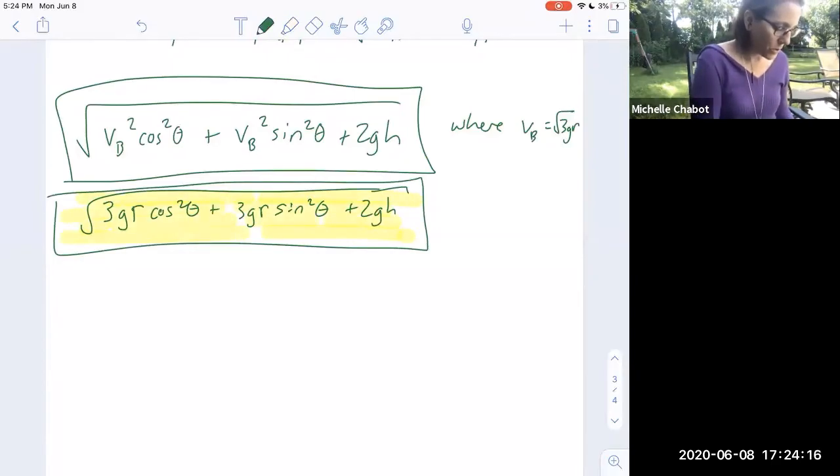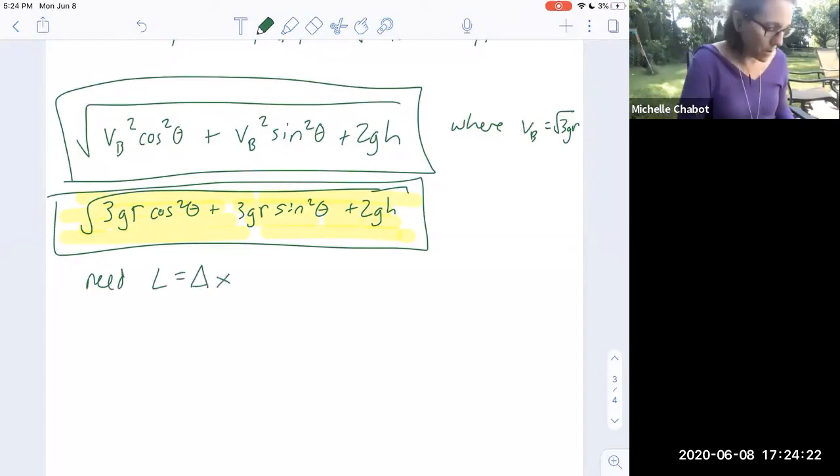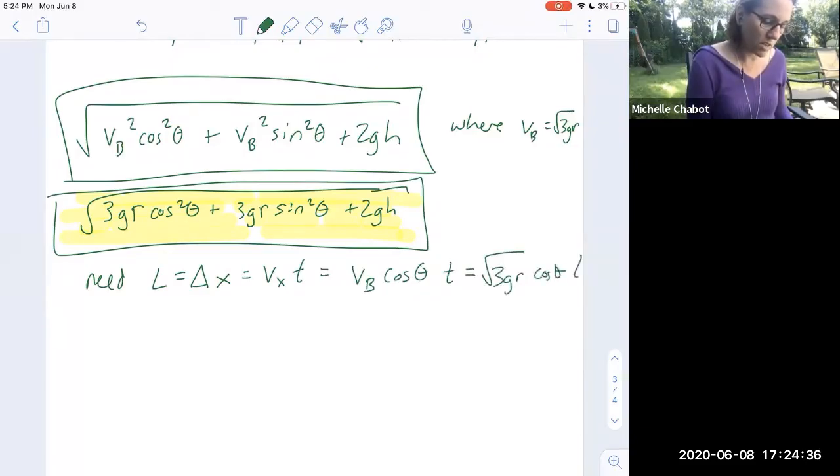And then also we need L, which is equal to delta x. And so that's then going to be equal to Vxt, which was Vb cosine theta times time. And so I'm going to plug in for Vb now. So square root of 3gr cosine theta times time. And again, I need time for this.